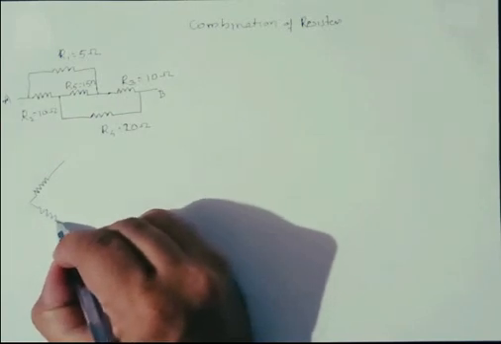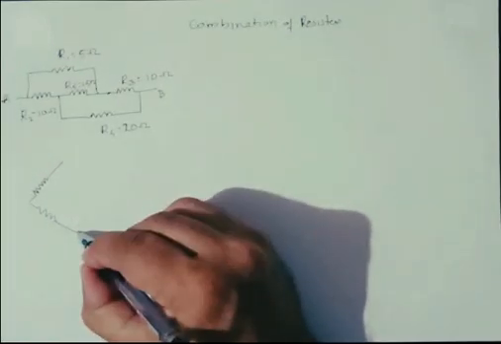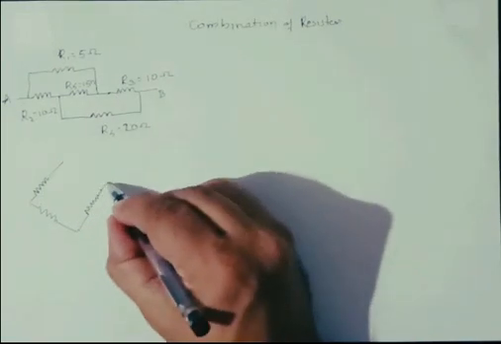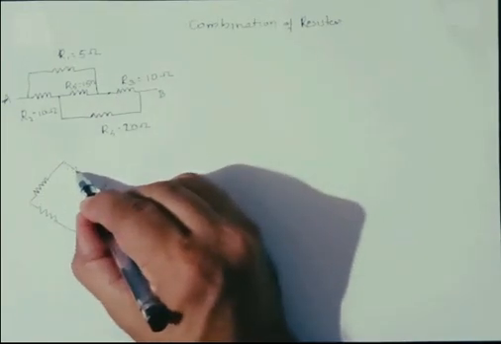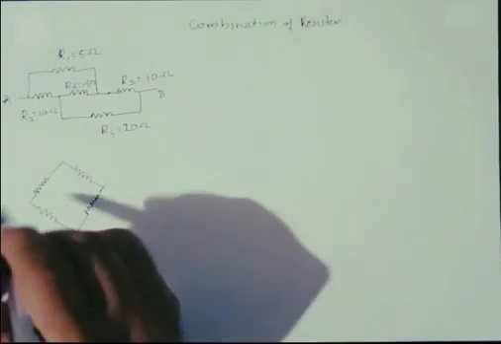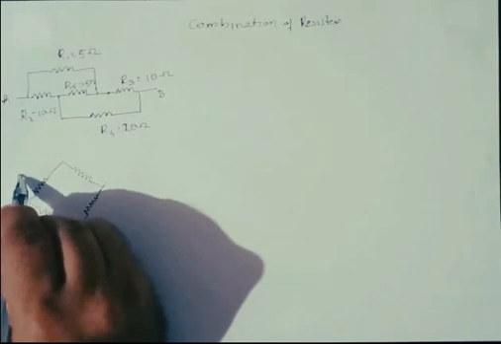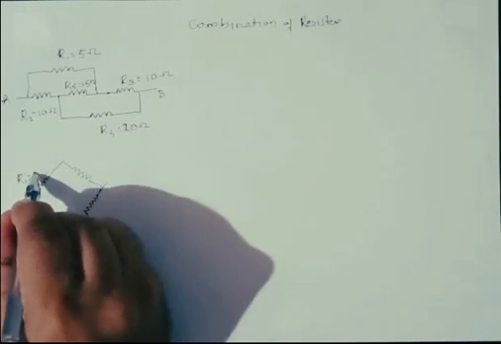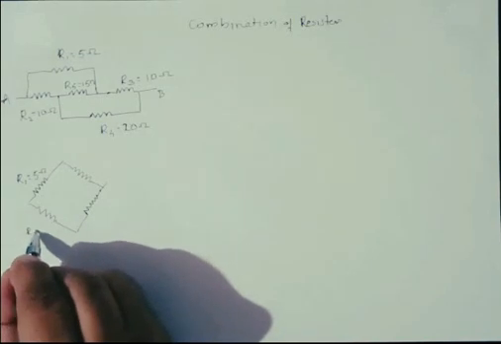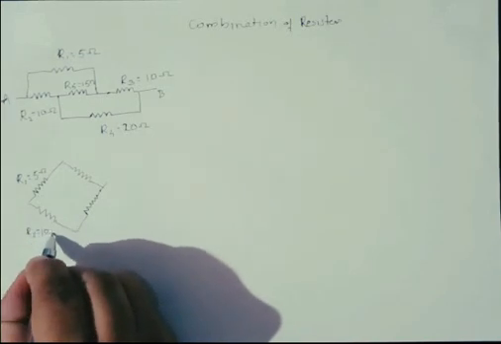A resistance bridge circuit consists of 5 resistors connected in a specific pattern like this. These are the 4 resistors which form the rectangle. This is R1, that is 5 ohm. This is R2, equal to 10 ohm.